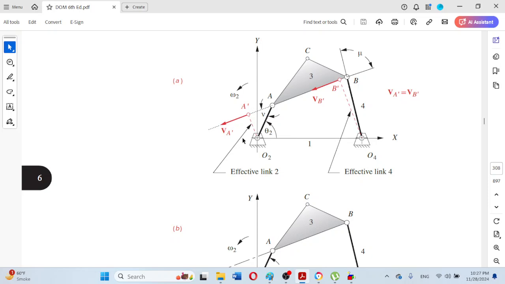So that means the velocity will be equal to VA dash, and that velocity VA dash will be perpendicular to this effective link O2A dash, that means the velocity will be along the coupler link, this extended coupler link.